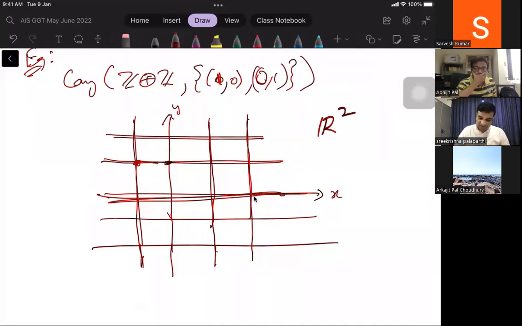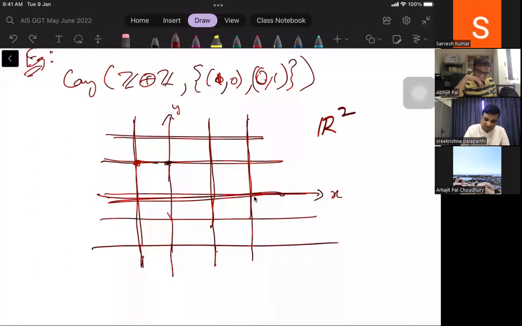Well, Z plus Z has a nice action on R2, and you have a quotient space which is a torus. You're studying the mapping class group, so you know that R2 quotiented by Z plus Z is a torus.